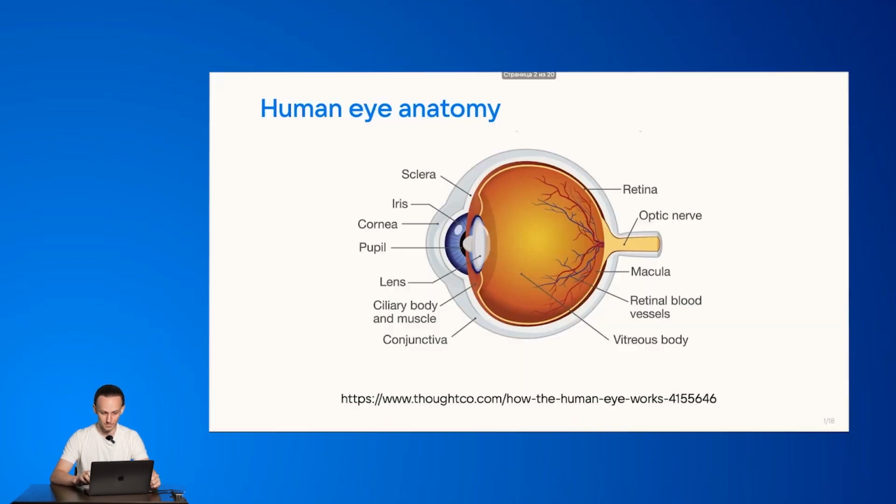We're going to briefly cover what's going on with the human eye. We are basically trying to recreate the human eye in some sense, in one way or another, and we have to care about the most important parts of the eye itself. As we know, it doesn't have any additional lighting.